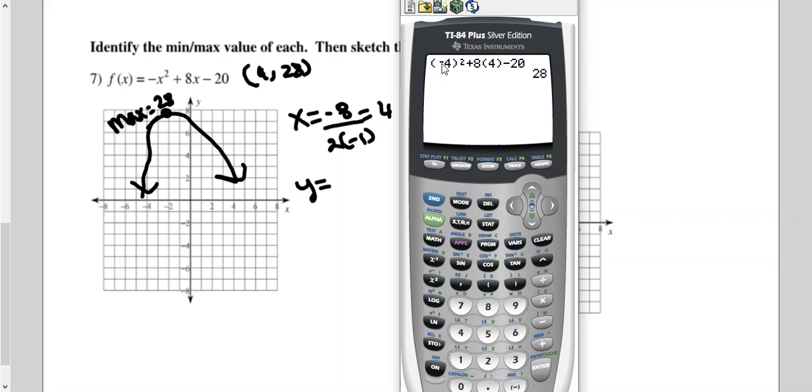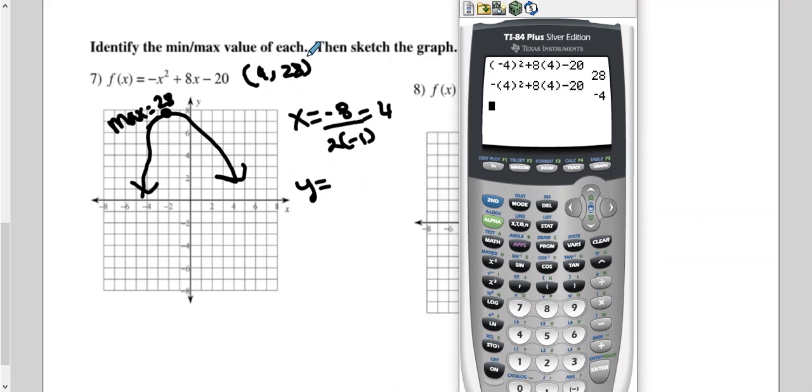Why did I put negative 4? Okay, I see what I did. The negative had to stay outside: negative, and then parentheses 4 squared plus 8 times 4, minus 20. And there you go. The y-coordinate was negative 4.